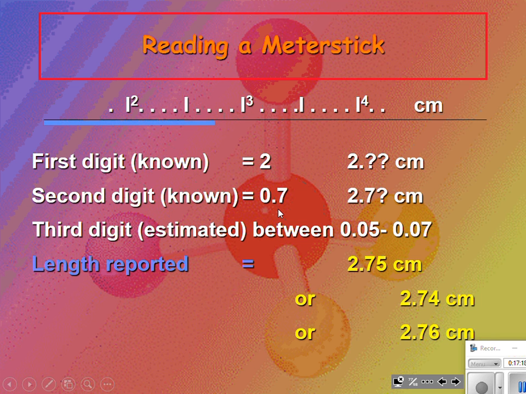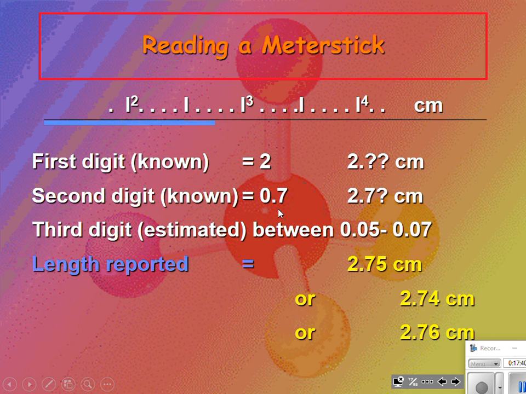Is it 2.8? No, it's not at 2.8 yet, but it's 2.7. So it's in between the 2.7 and the 2.8. I know I have 2.7. I don't know that I don't have 2.8 yet.